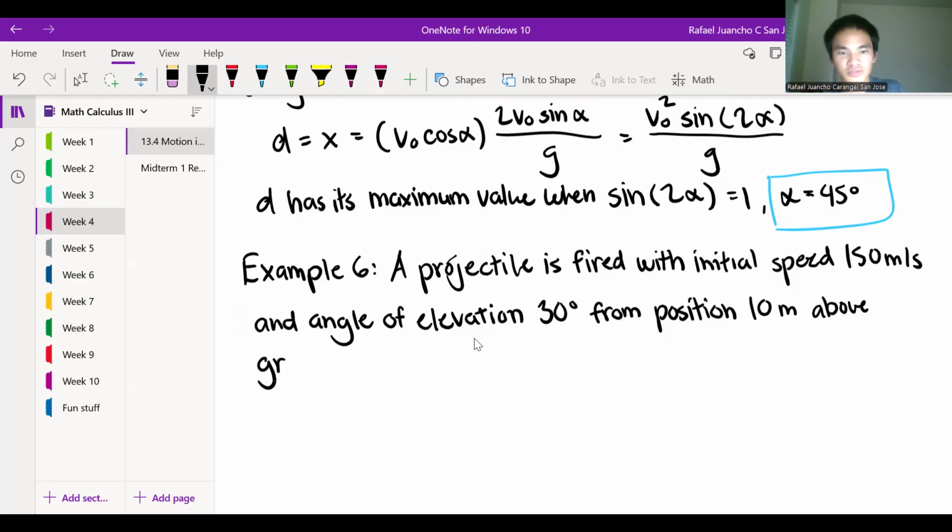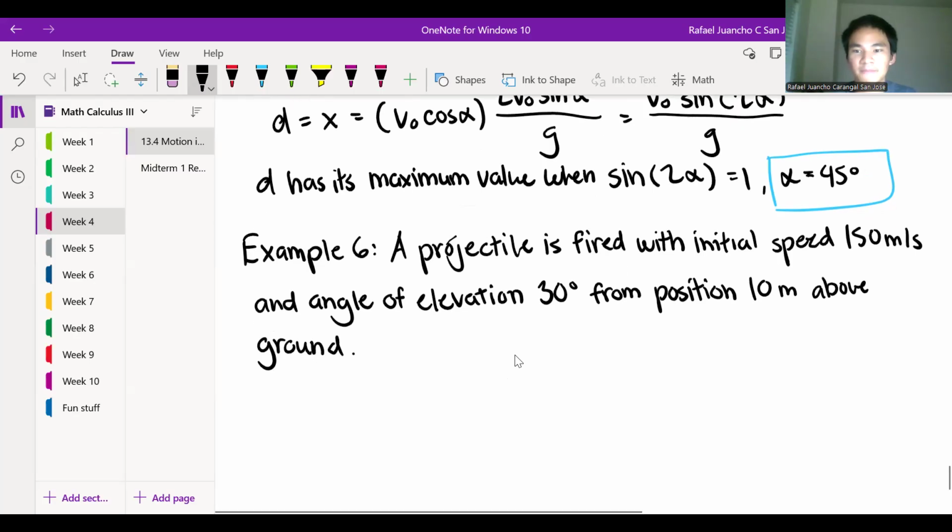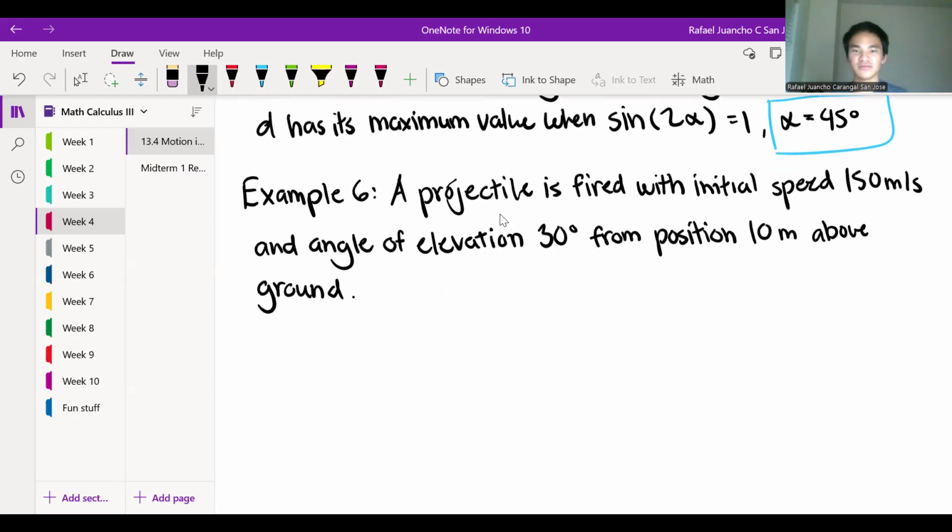So I'm assuming we're not at the origin here. We're 10 meters above the ground. Okay. Where does the projectile hit the ground?